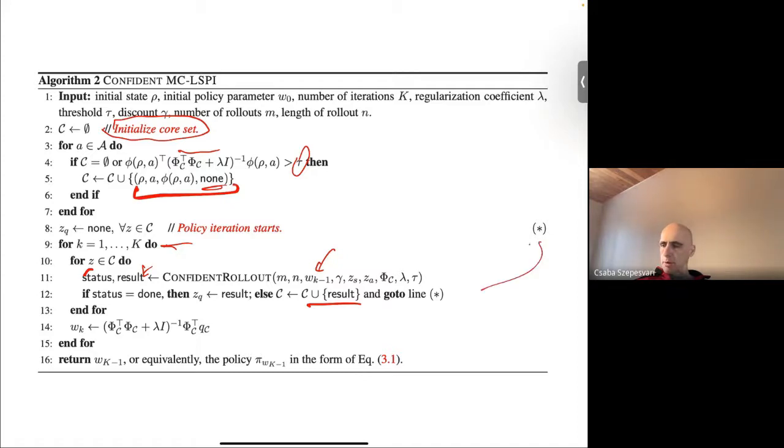So we go to this start line, break out of this loop, and we restart the whole procedure. You can refine the analysis so that you don't really have to do this. But you just want to make sure that after you discovered some state action pair, you iterate for long enough, because maybe all the previous results were garbage.